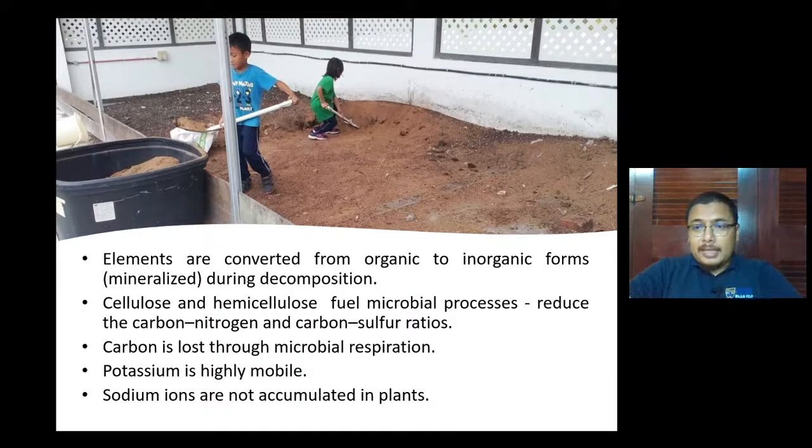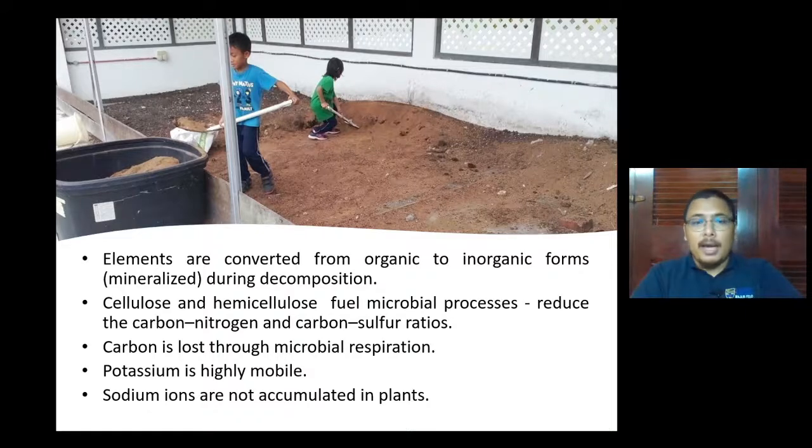As plant litter decomposes, the elemental mix changes because of differential mobility and biological fixation. Carbon is lost through microbial respiration as cellulose and other labile organic compounds are hydrolyzed and utilized in growth and maintenance.